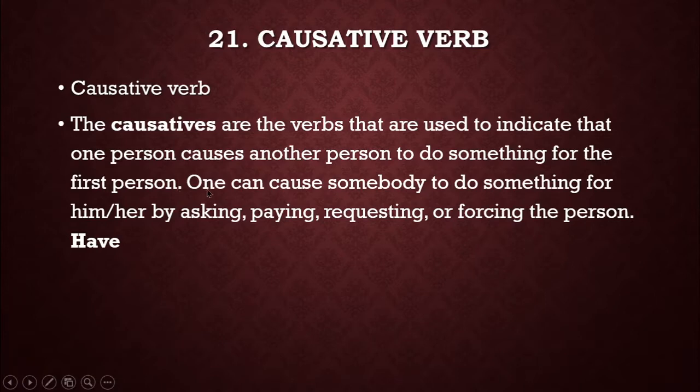So dear boys, here you can easily understand that these causative verbs cannot perform the work directly. Rather, these causative verbs cause another verb to work. So one can cause somebody to do something for him or her by asking, paying, requesting, or forcing the person. There are some causative verbs like have, get, make, let, etc.